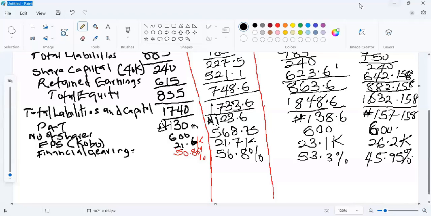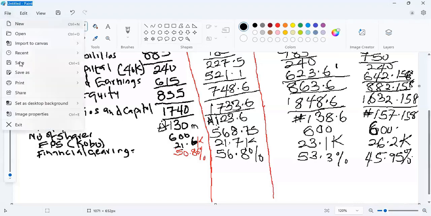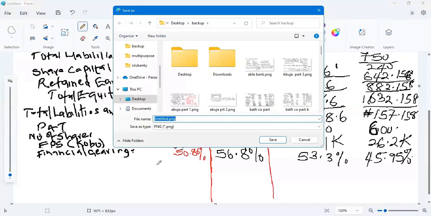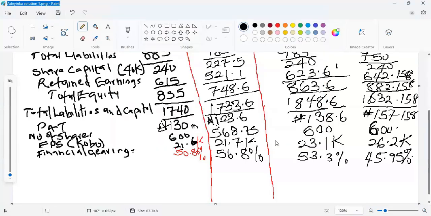Okay, sir. On the disposal of assets, the profit on disposal. Hello, sir, can you hear me? I can hear you clearly. We did not add the 15 to the profit on disposal. Is there a reason?